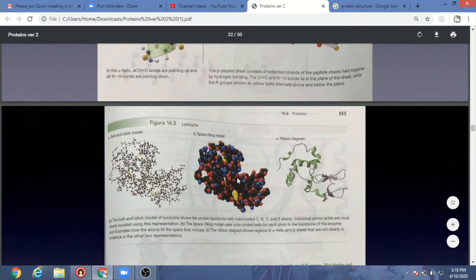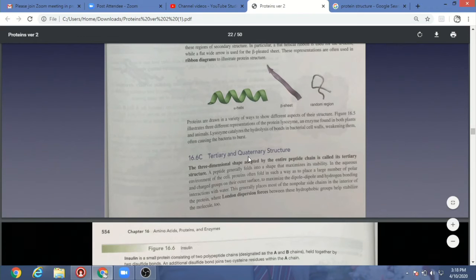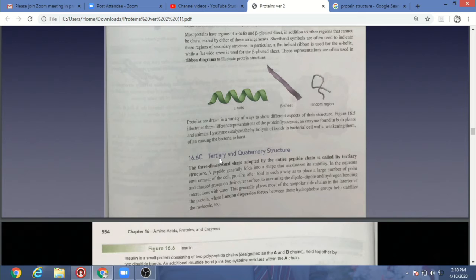Once you know that, then the tertiary structure is simply the next, almost final, shape that takes place. It's basically the three-dimensional shape that's adopted by the entire peptide chain. So once all of the sheets have happened, once all of the helixes have happened, you're going to get this overall shape, which represents the tertiary structure.